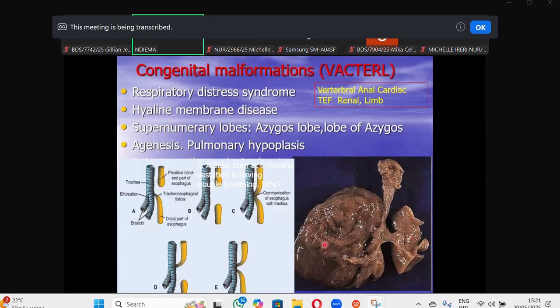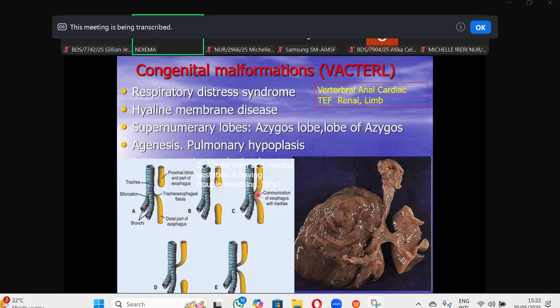These are some of the variants of tracheoesophageal fistula. Here we have the trachea, continuing distally. Here we have the esophagus, not connected distally. Here we have no connection of the esophagus. Here we have the esophagus forming something like a K, connected, with an opening to the trachea.